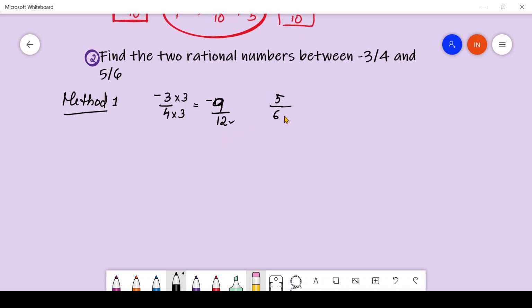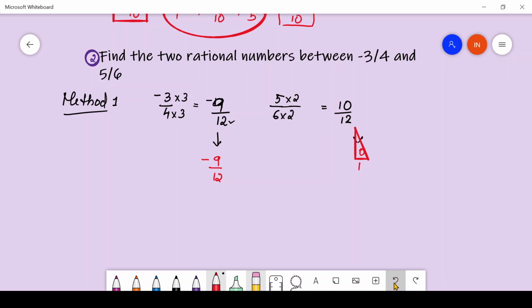Yes, we should multiply the denominator with 2. So whatever I'm doing with the denominator, I'm doing with the numerator as well. So you will get here 10 by 12. Okay, so you can see here negative 9 by 12 and 10 by 12. So now we are going to take these two rational numbers, I'm writing it here. Okay, so you can see here negative 9 by 12, and this is 10 by 12.